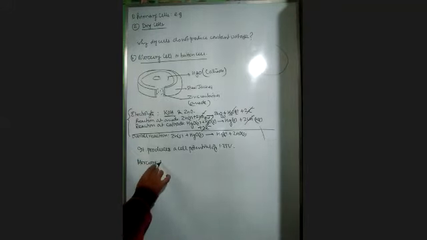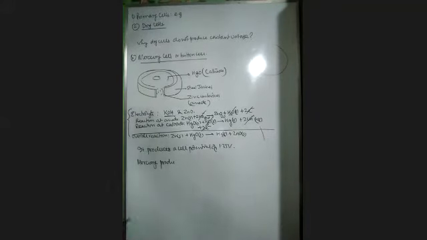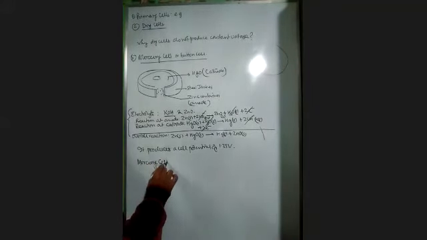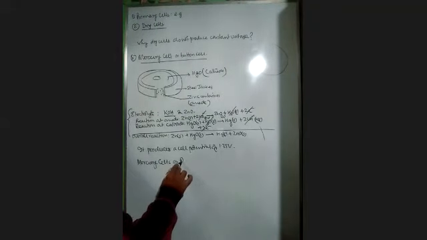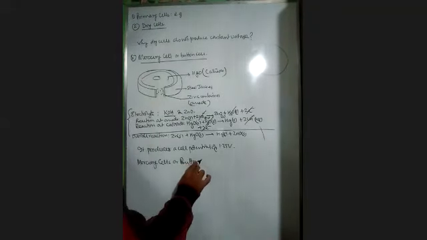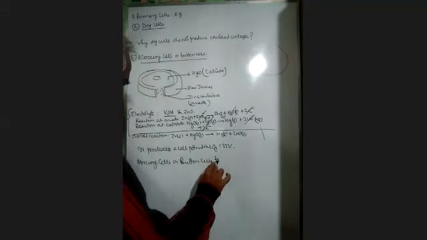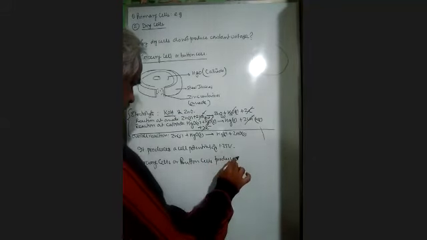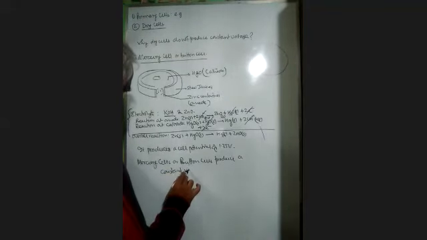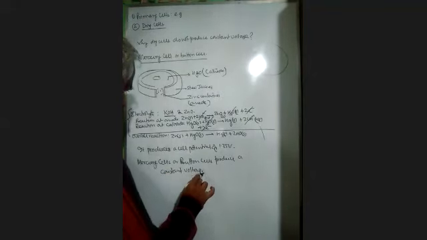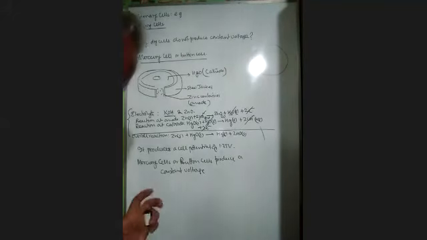So we write now here: mercury cell, or button cell, produces a constant voltage. So my sentence is not complete.